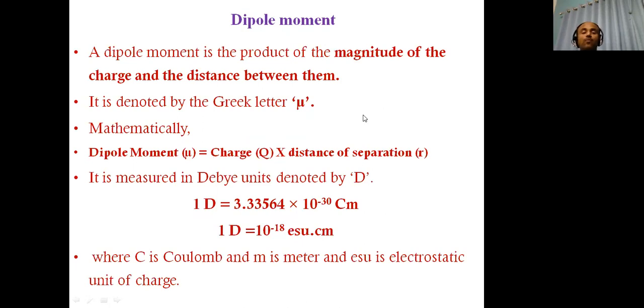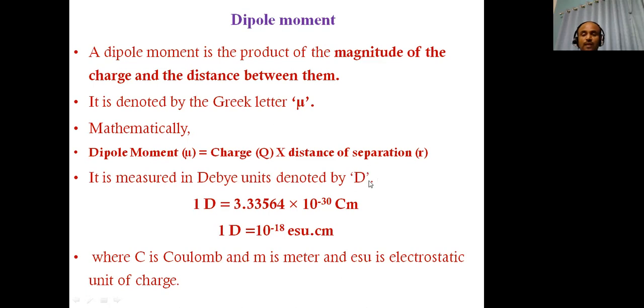Dipole moment is the product of the magnitude of the charge and the distance between them. It is denoted by the Greek letter mu, and mathematically dipole moment is given by this formula: mu is equal to charge into distance of separation. It is measured in a unit called the Debye.